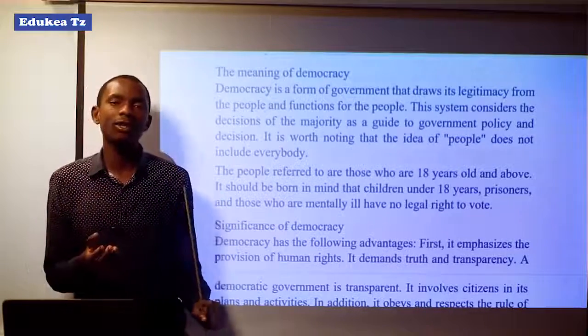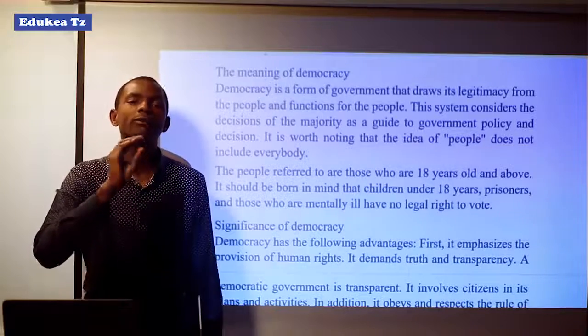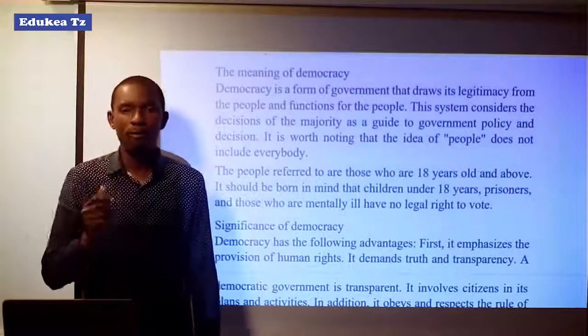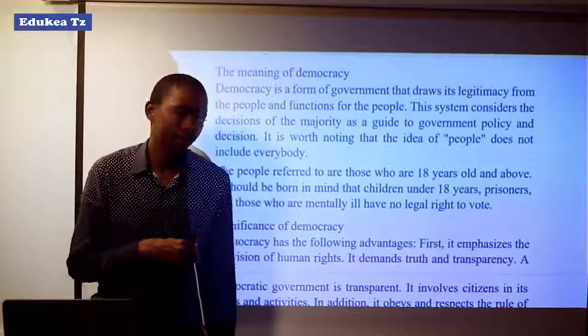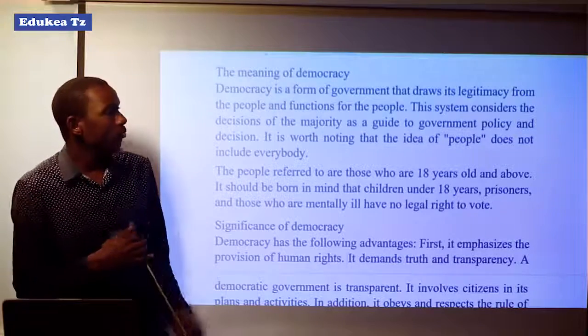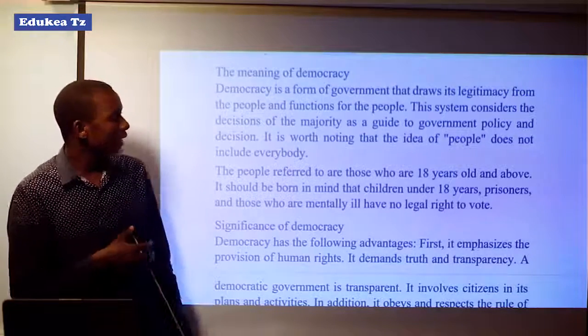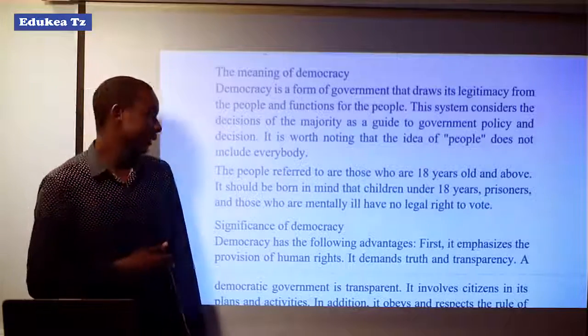Any decision which is made should involve all people. So that is a form of government, built by considering the function of the people.